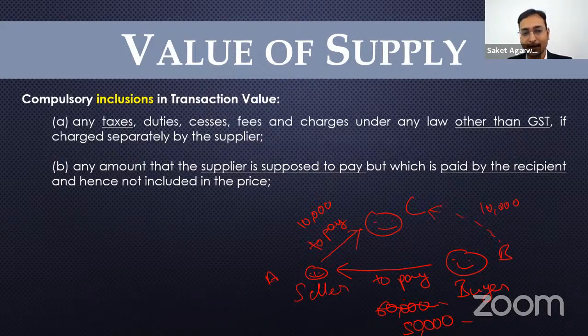That is the effect of point number B. Let's read that point again. Any amount that the supplier is supposed to pay, but which is paid by the recipient, the buyer paid it, and hence not included in the price. That's why you reduced your price from 60 to 50.